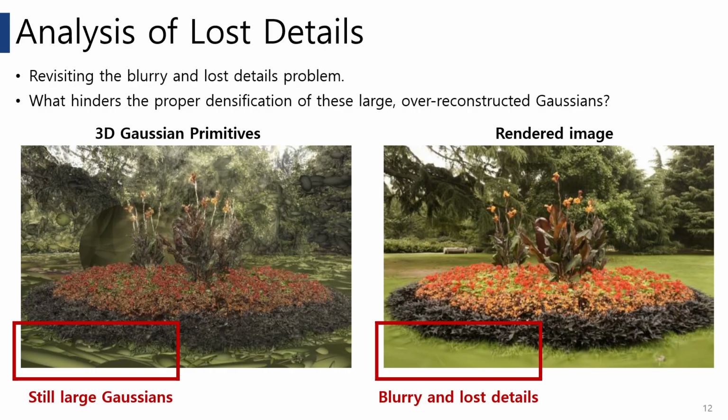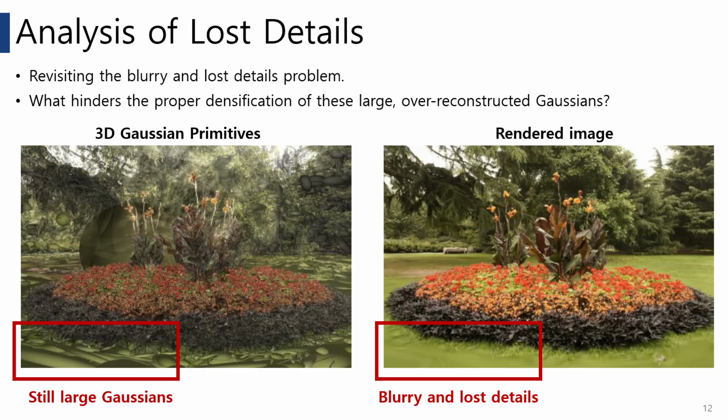Now that we have an overview of the standard 3D Gaussian splatting pipeline, let's revisit the problem of lost details more closely. On the left, we see a visualization of the 3D Gaussian primitives that represent the scene. On the right is the corresponding rendered image.